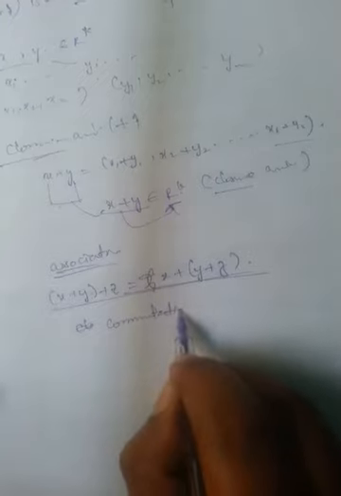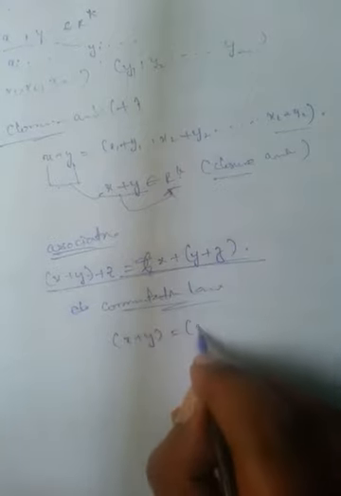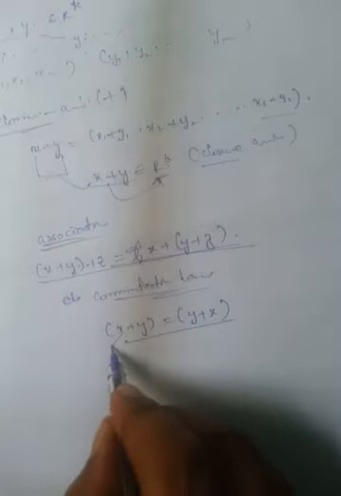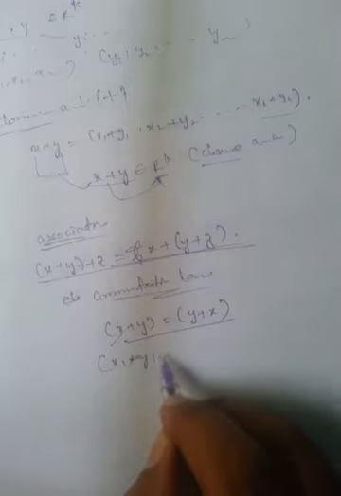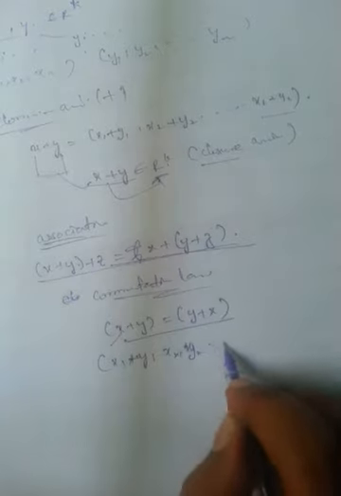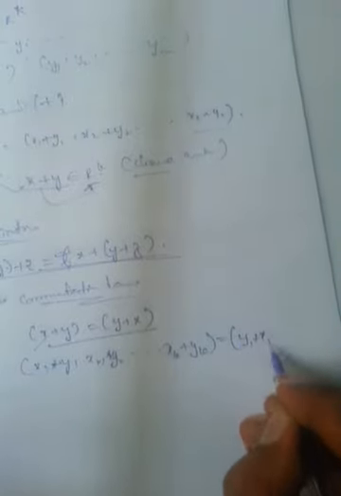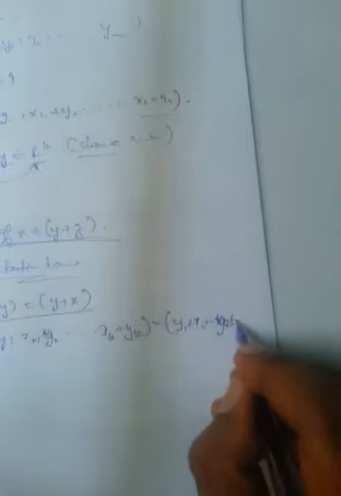Commutative law, where it says that x plus y should be equal to y plus x. We can easily prove that. Put x equal to x1, x2, and so on, xk, and y equal to y1, y2, and so on, yk. Then x plus y should be equal to y1 plus x1, y2 plus x2, and so on, yk plus xk.